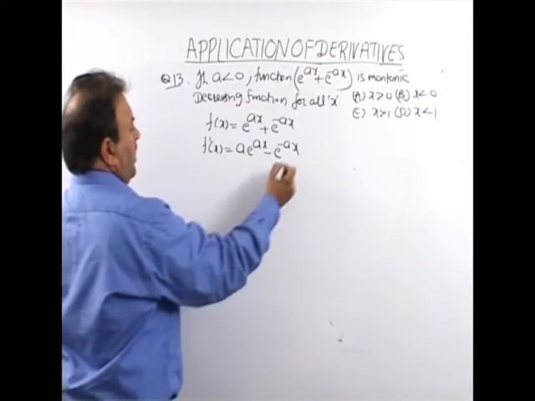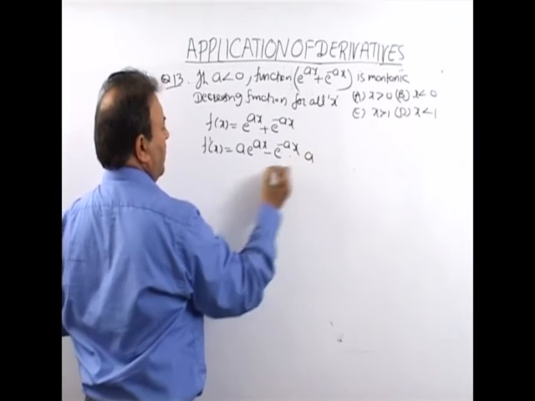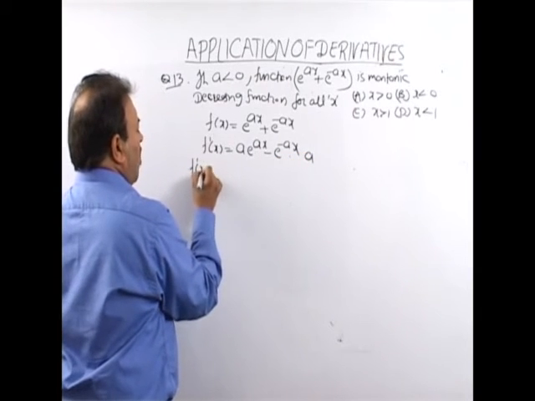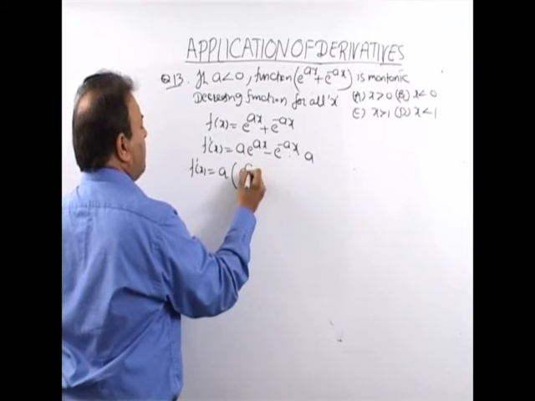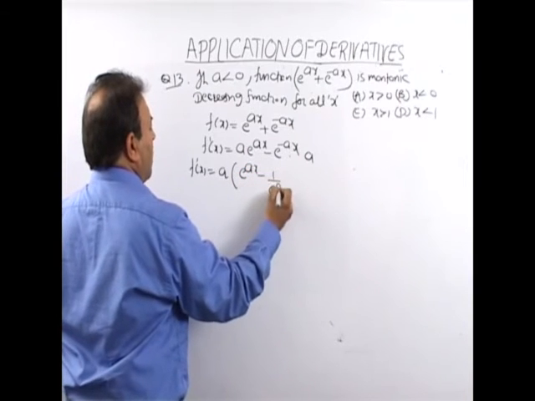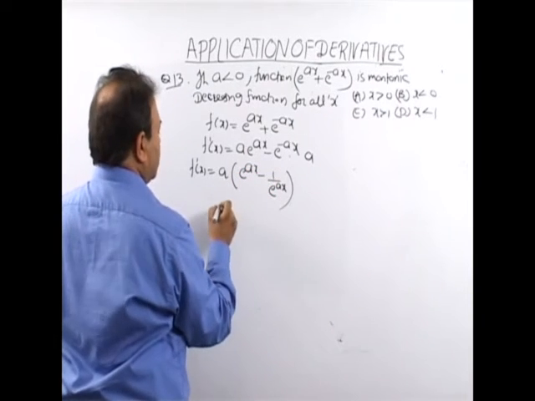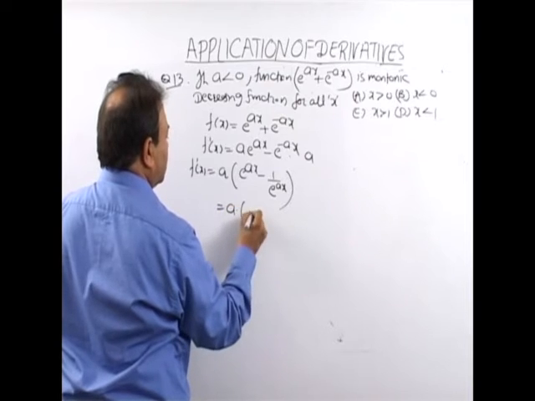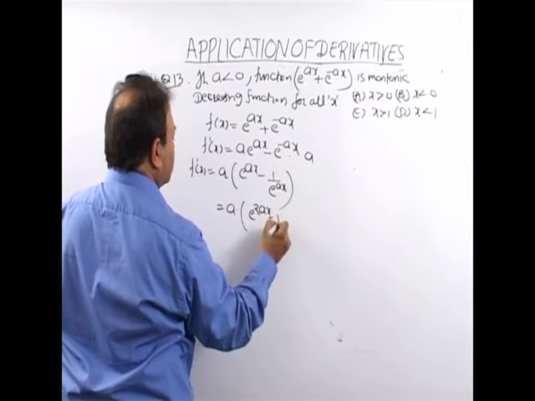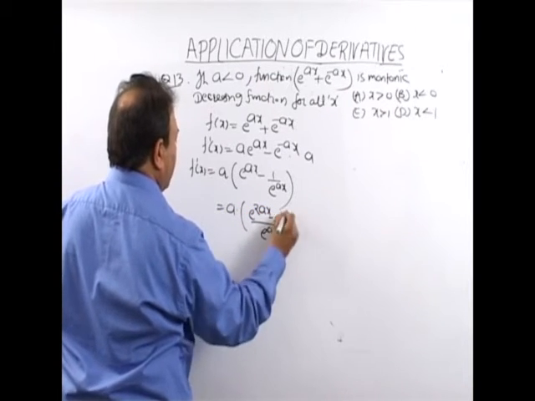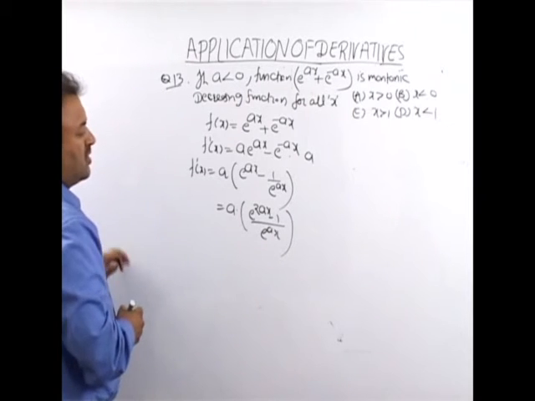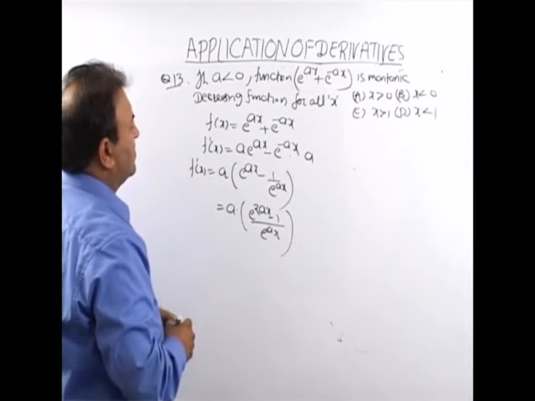Now into it is a. I just take it common, a e the power ax minus 1 upon e the ax. I can say this is e the power 2ax minus 1 upon e the power ax. So this is our say f dash x.